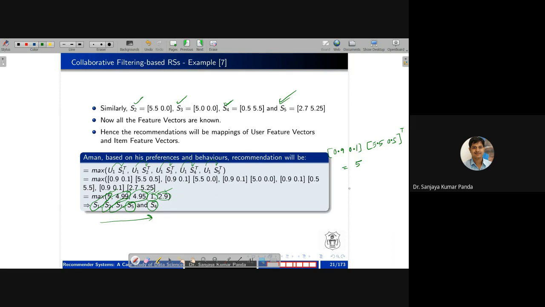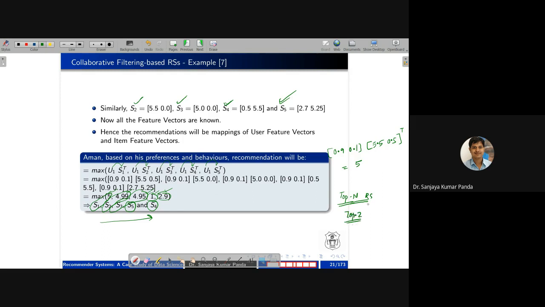So here another important concept comes into the picture, which is called the top-N recommendation system. In a top-N recommendation system, we are suggesting N different items to a particular user. For example, I want to consider only the top two.